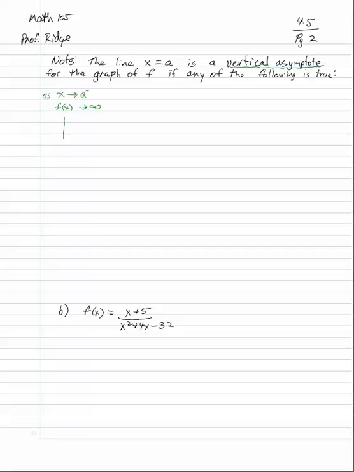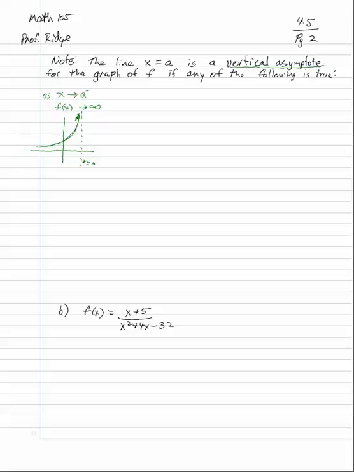So let me show you a picture of that. If this line is x equals a, and we're approaching it from the left side, you might get something like that. You can see as we get closer and closer to a from the left side, this line is going up to infinity.